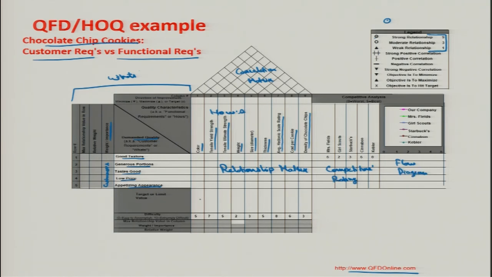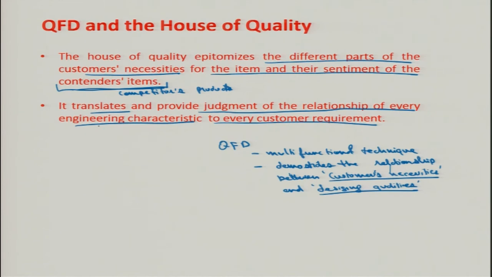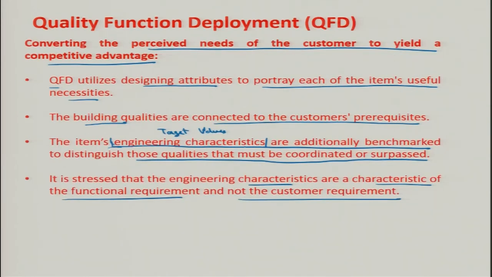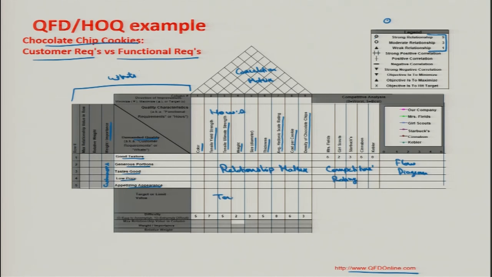What is left? We have the target or limit. Now, what has to be the color? What has to be the tensile strength? As I said, the requirements have to be the engineering characteristics. The target values have to be engineering characteristics here. After target values, we have the technical competitive assessment.